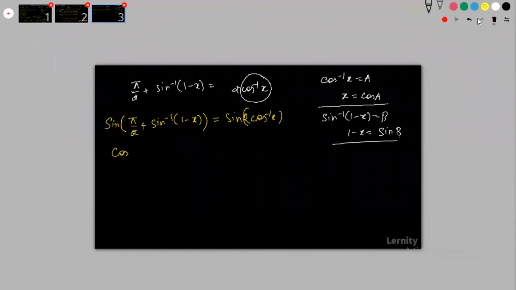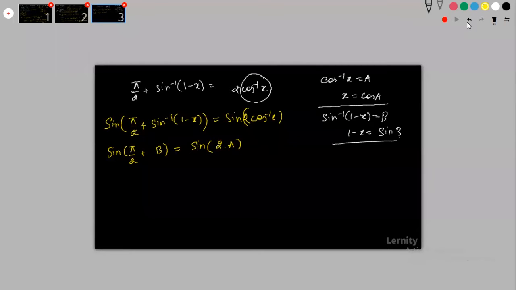So this is, just wait. This is sine of pi by 2 plus, sorry, this is b. Sine of pi by 2 plus b is equal to sine of 2a. Till here everything is okay, right?